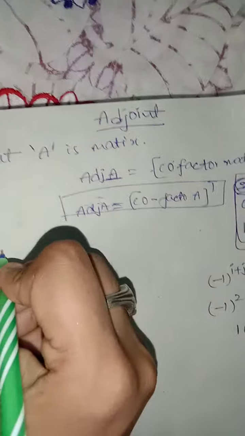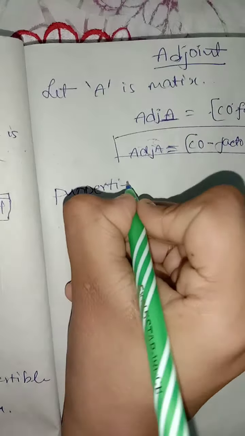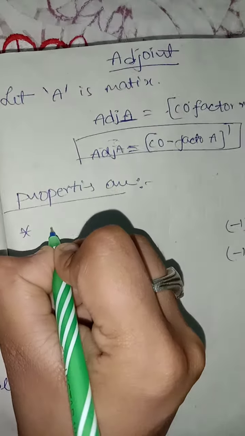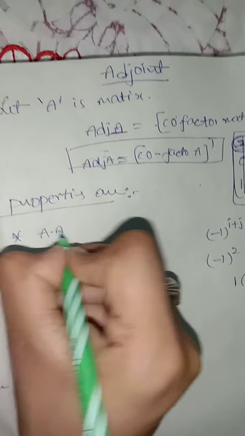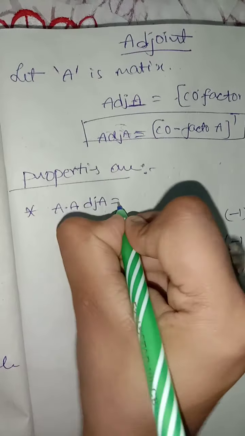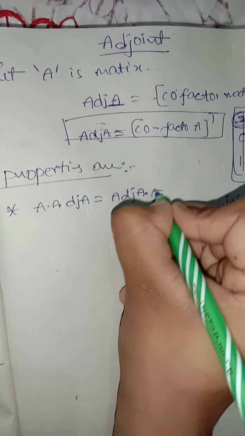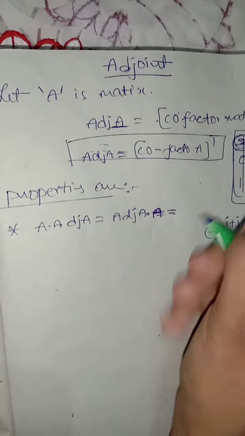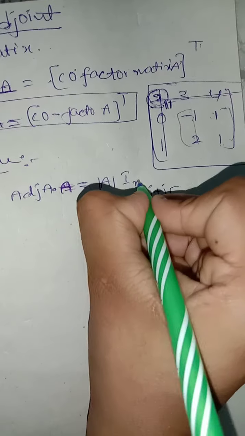Then, let's look at the properties. Some of the properties which are most important. A into adjoint of A equals adjoint of A into A, is equal to det of A into In.